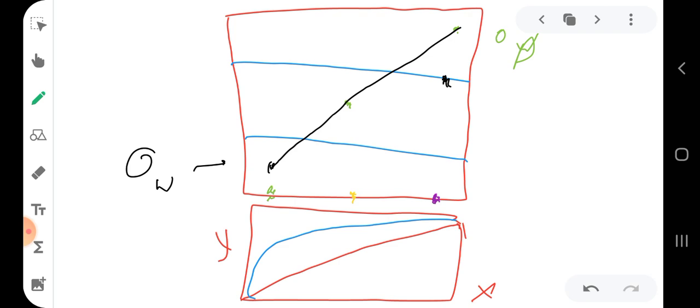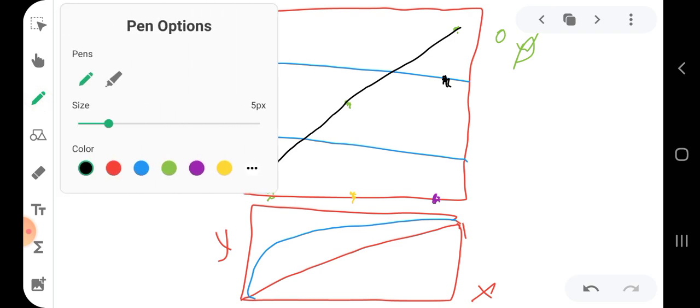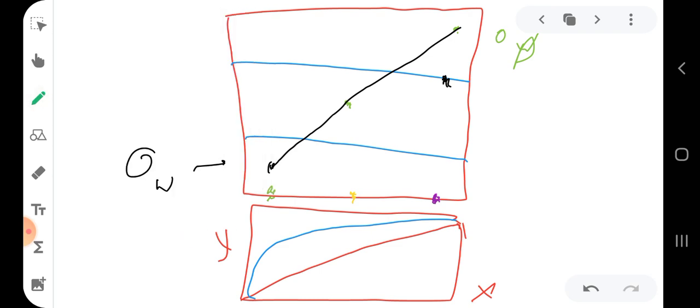Now what we are going to do, we need to use this equilibrium curve. This equilibrium curve can be used so that if you know x, you can get y. Okay, for these two graphs, you need to have the same scale for the x-axis.